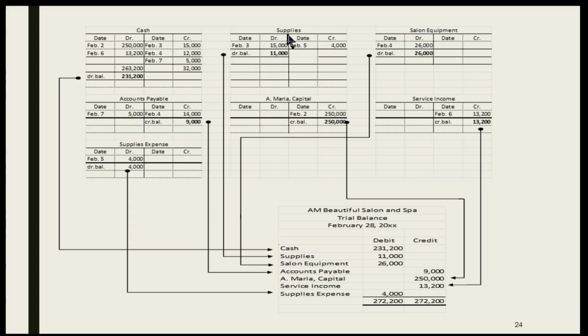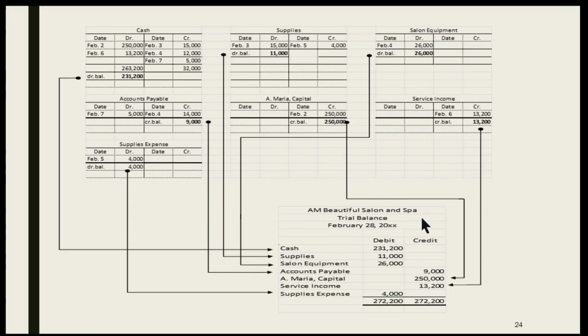Okay, and supplies, since you have 15 and 4, the difference is 11,000, so therefore you place it under the debit side. Same with salon equipment, there's no credit, so it follows it is 26,000 debit. Accounts payable, 5,000 and 14,000, difference is 9,000, since the credit side is greater, so that is a credit balance of 9,000, and so on. After you get the balances, you have to transfer that to the trial balance.